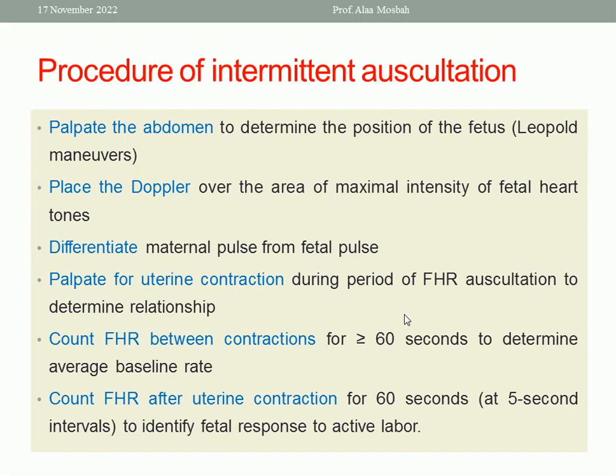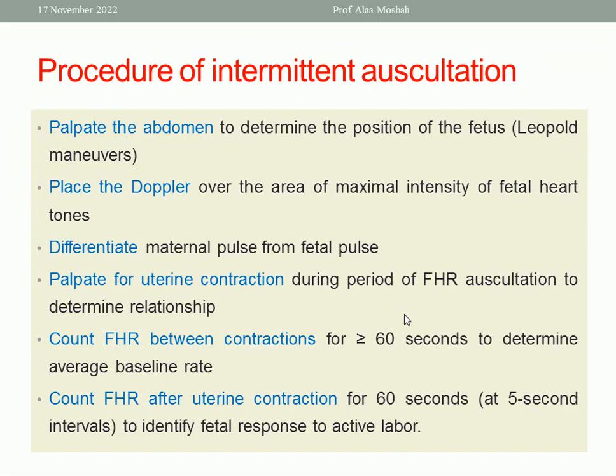Because you can detect delayed deceleration while you are counting the fetal heart rate after uterine contraction, because late deceleration continues after the end of contraction.